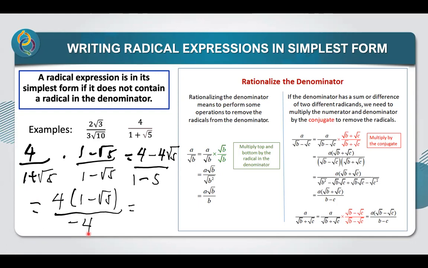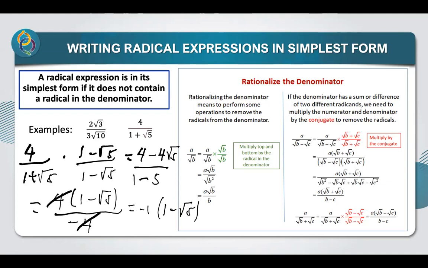Can we not divide them? 4 divided by -4 is -1. So that's actually -1 times 1 minus the square root of 5, because this will cancel that one. So 4 divided by -4 is -1, and multiply that by 1 minus the square root of 5.